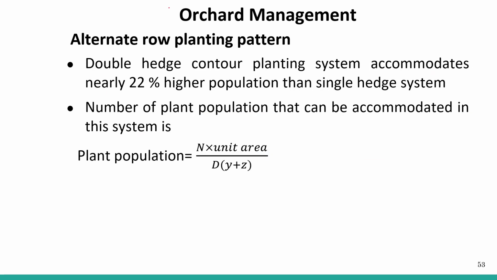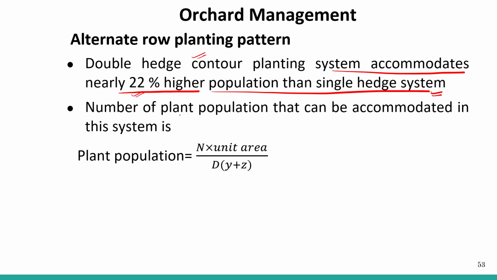The double hedge contour planting system accommodates nearly 22% higher population than the single hedge system, right?